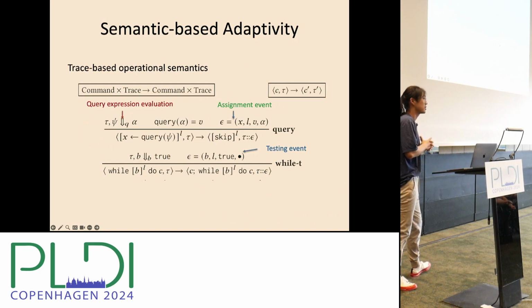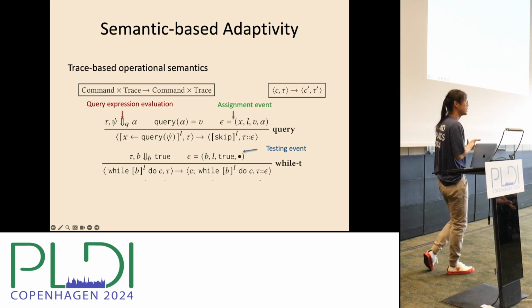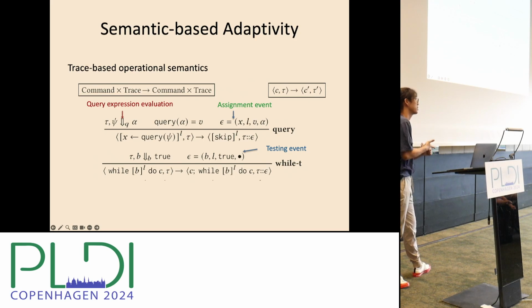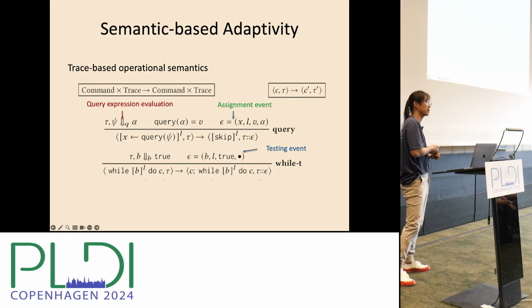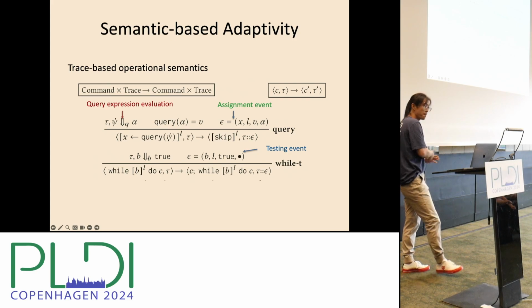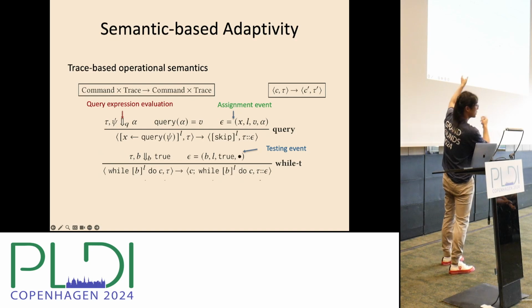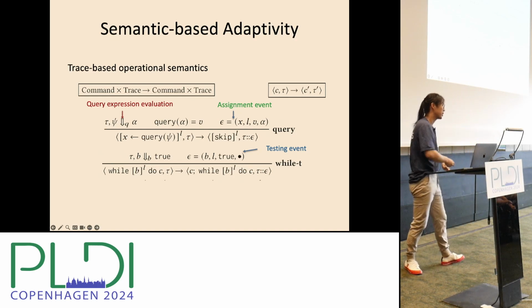In this semantics, the trace is a list of events. We have two kinds of events: the assignment event for the standard assignment and the query request, and the test event for a conditional statement like if and while. We also have the query expression evaluation that will evaluate a query expression to its query values.